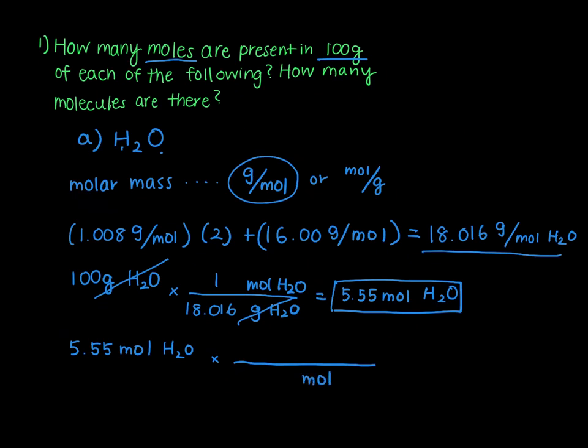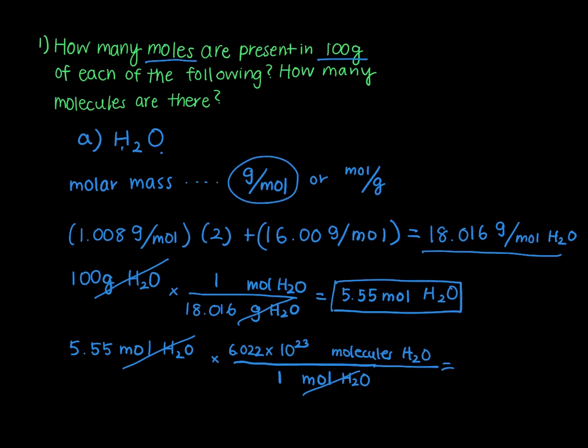So we are going to have moles of water on the bottom, and then molecules of water on top. So for every 1 mole of water, we have 6.022 times 10 to the 23rd molecules of water. This is Avogadro's number. And then notice again, we can cancel out moles, and we're left with molecules of water.